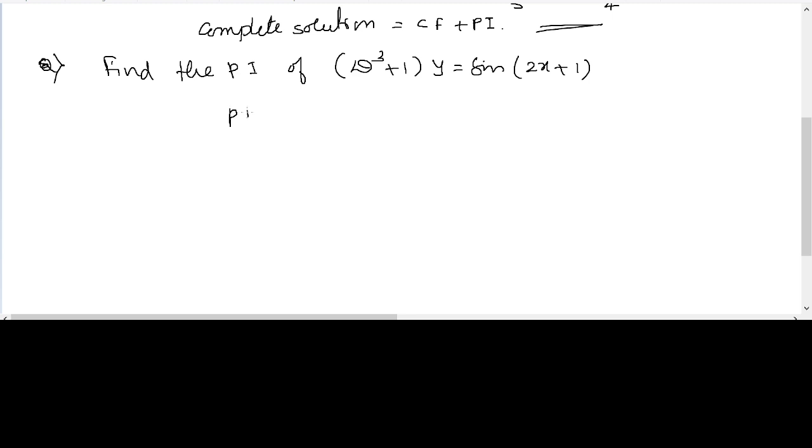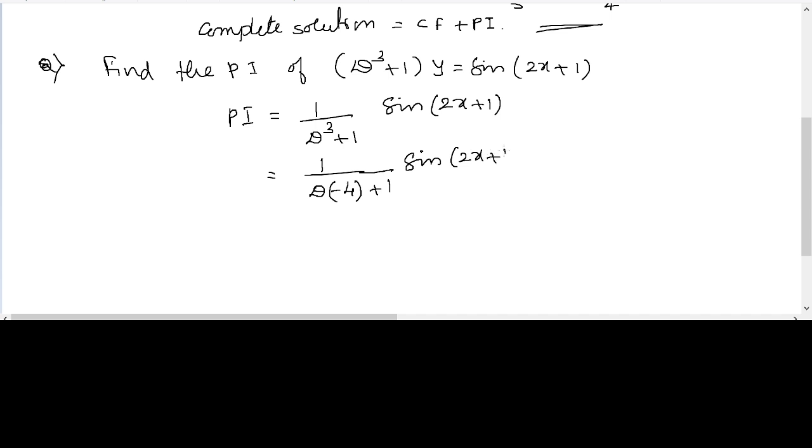For that we write 1 by f of D, that is 1 by D cube plus 1 of sin of (2x plus 1). This D cube can be taken as D into D square, and for that D square we need to replace by minus a square, that is minus 4. Plus 1, we write as it is, sin of (2x plus 1).